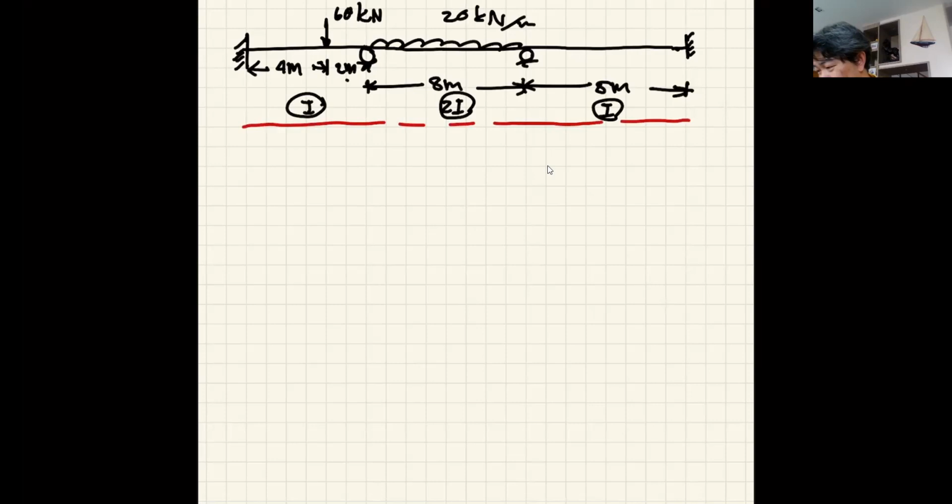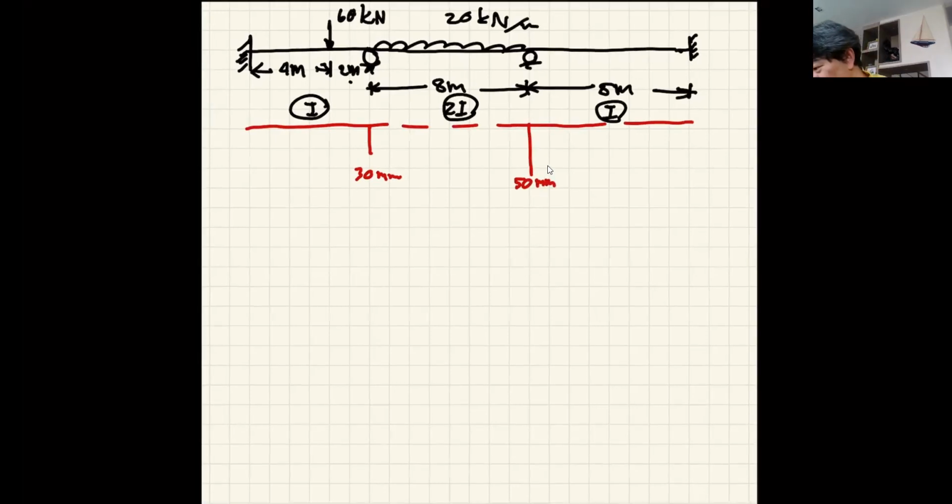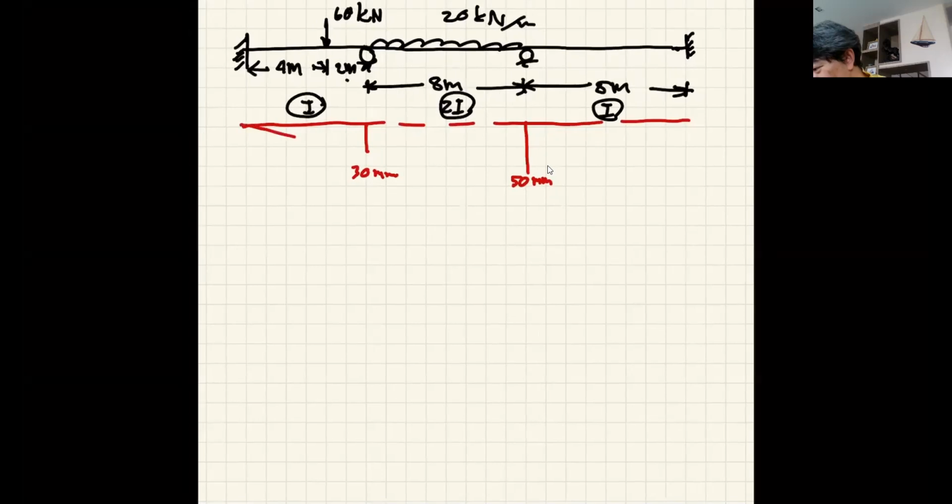Let's say this is our datum line. This one comes down 30 millimeters, and this one comes down 50 millimeters. So you would know that your beam is coming down like this and like that.